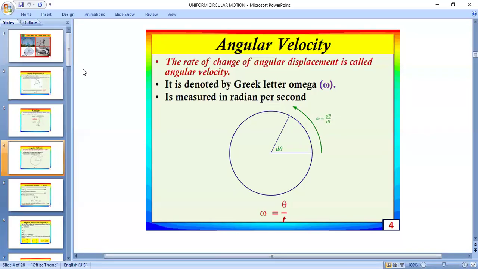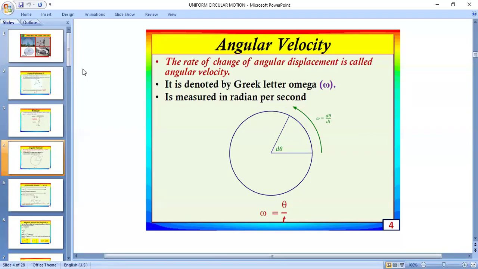So remember, I'm quoting very small derivations of omega. The first one, rate of change of angular displacement. Therefore, angular velocity omega equals theta over t. That is Roman 1. Roman 2, angular velocity omega equals s over rt. I've just taken s over r divided by time, and I've gotten s over rt.